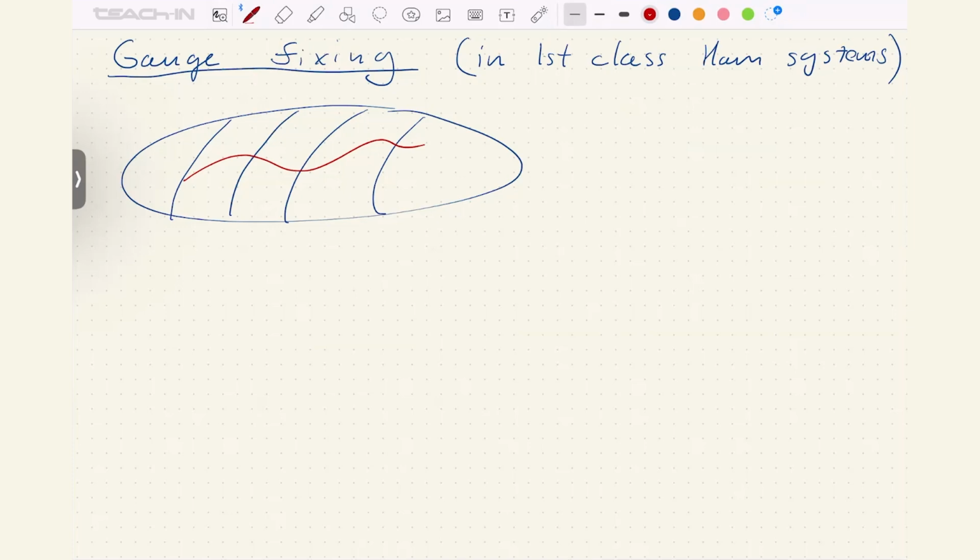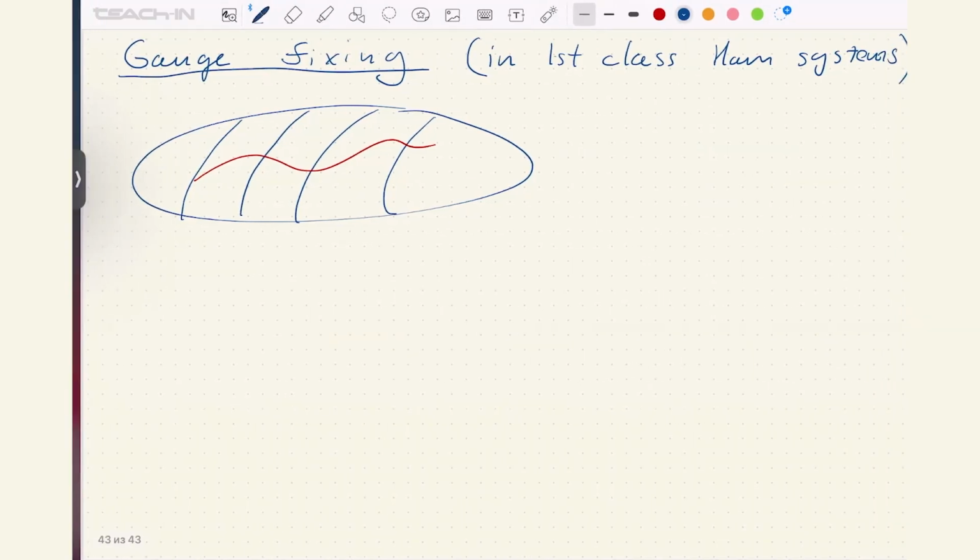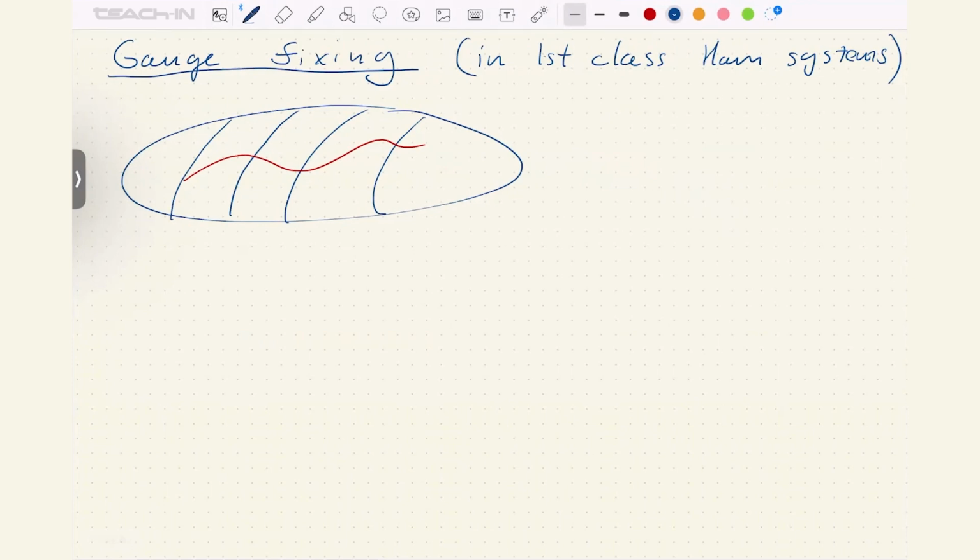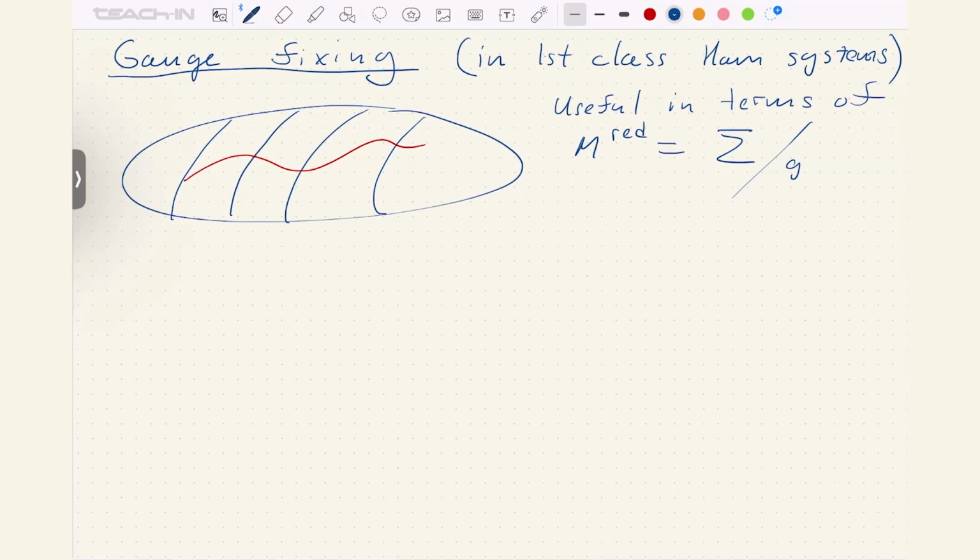And so we know that it's convenient to speak about evolution and other physical properties of the system in terms of the reduced phase space, M reduced, which is roughly speaking a quotient space of our constrained surface by gauge orbits.